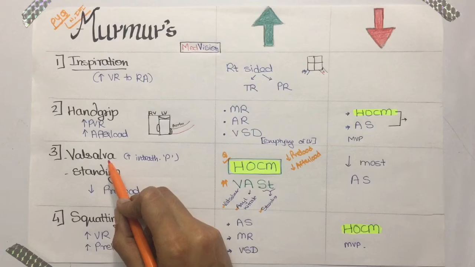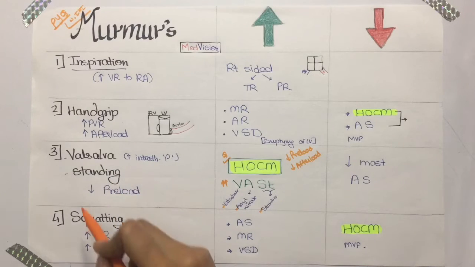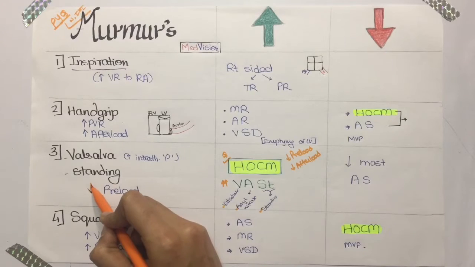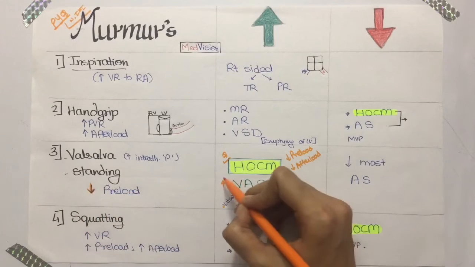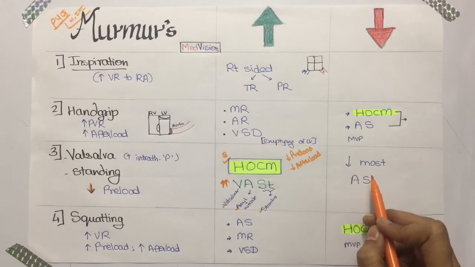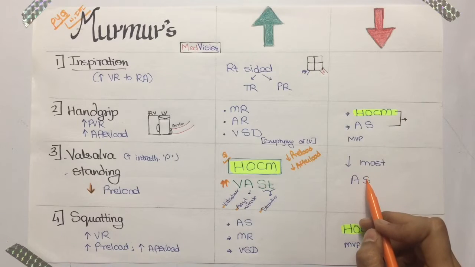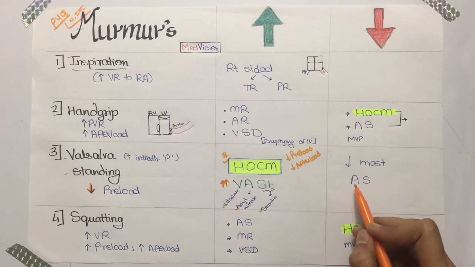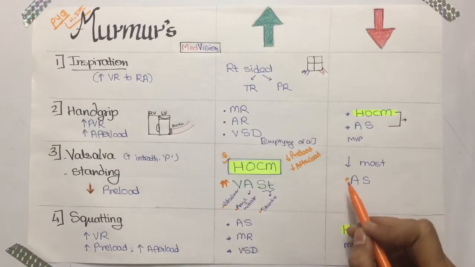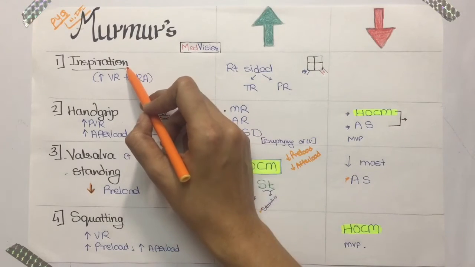Now in Valsalva maneuver there is an increase in the thoracic pressure and a decrease in the preload. So when there is a decrease in preload, the murmur will increase. The relation is inverse. And in most other conditions during Valsalva and standing, the murmur reduces in intensity, along with aortic stenosis.